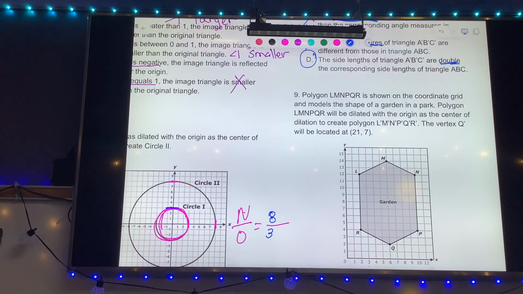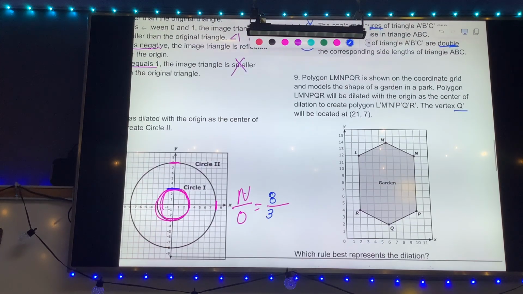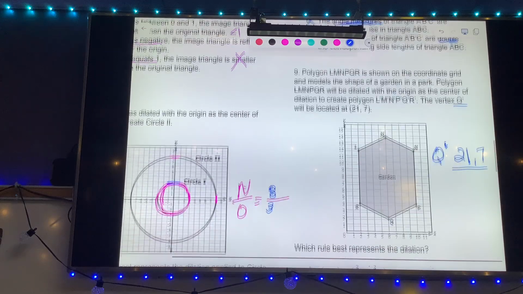Number 9, we have polygon LMNPQR shown in the coordinate grid in the model shape in the garden in the park. It will be dilated with the origin as the center of dilation to give our prime figure. We know Q prime is at 21.7. That is my new because it's my prime one.